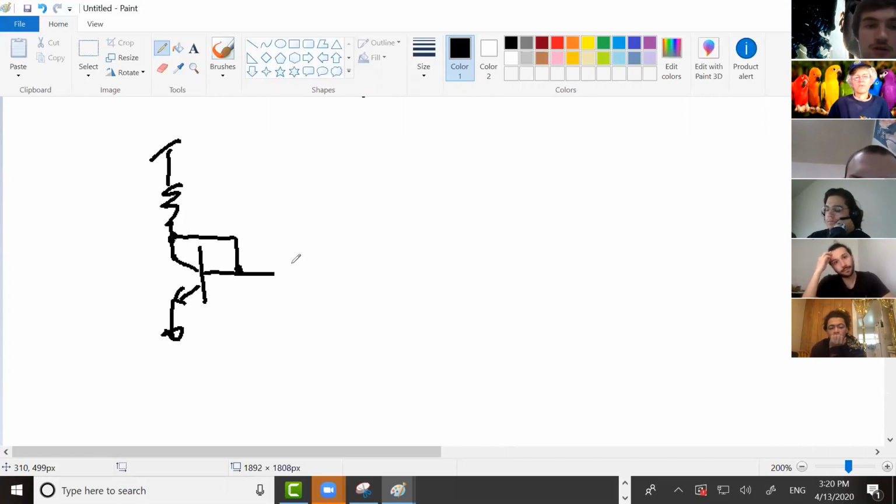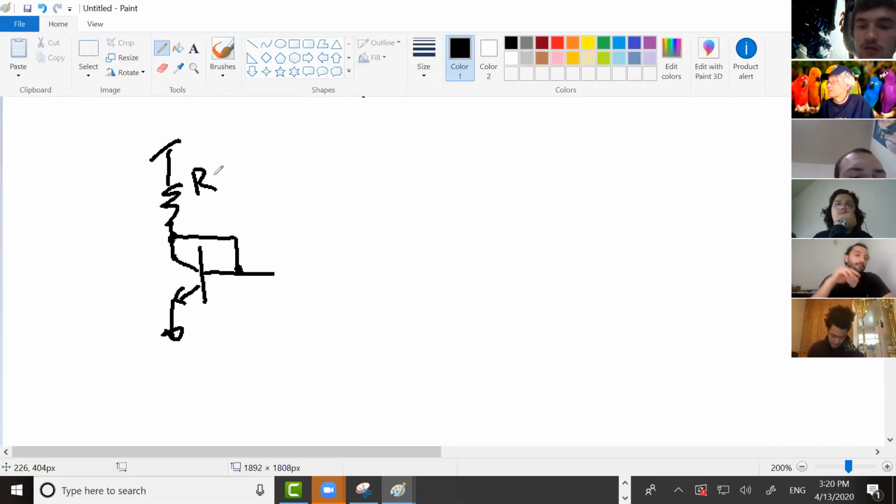So a couple of questions here. This is not a common emitter amplifier. Why can you tell right off the bat?